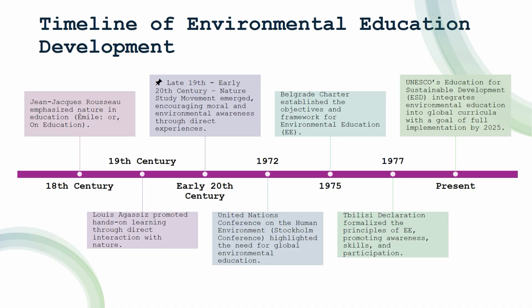The Belgrade Charter established the objectives and framework for environmental education in 1975. In 1977, the Tbilisi Declaration formalized the principles of environmental education, promoting awareness, skills, and participation.